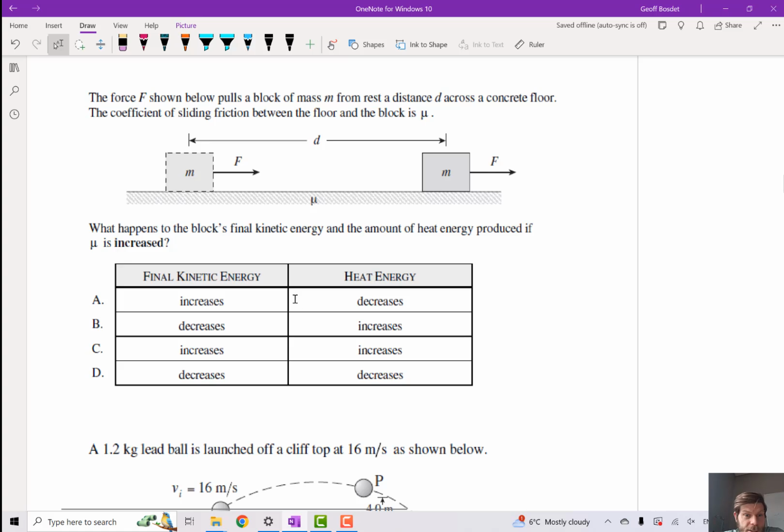So our final kinetic energy will be less, and our heat energy is going to be more. One way to think about it is our thermal energy is equal to our force of friction times distance, or mu Fn times distance.